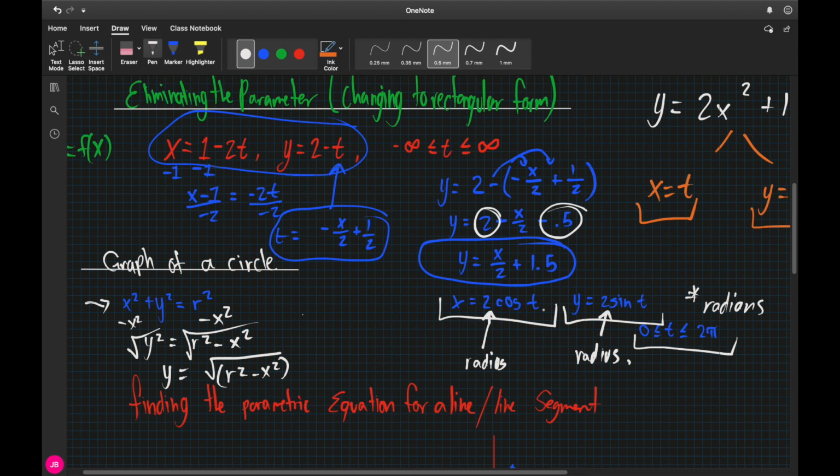Now, if you aren't really sure what we're doing, let's take 90 degrees, for example. Let's just go with x. x would be, and let's say this is a unit circle, the cosine of 90 degrees. And we know that the cosine of 90 degrees is actually going to be 0. And the sine of 90 degrees, which is going to be my y value, is going to be 1.